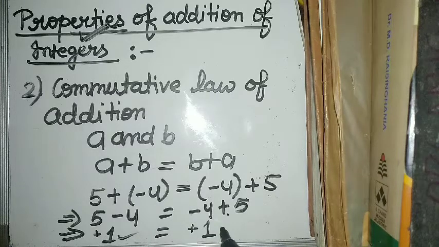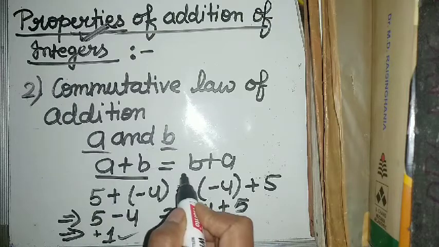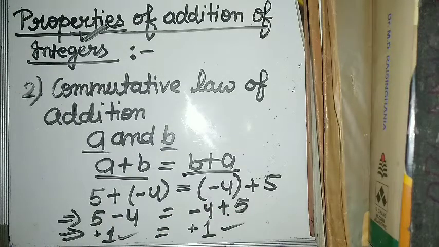So plus 1 and plus 1 are both equal. So when we have two integers a and b, we can write a plus b is equal to b plus a. I hope all of you understood the commutative law.